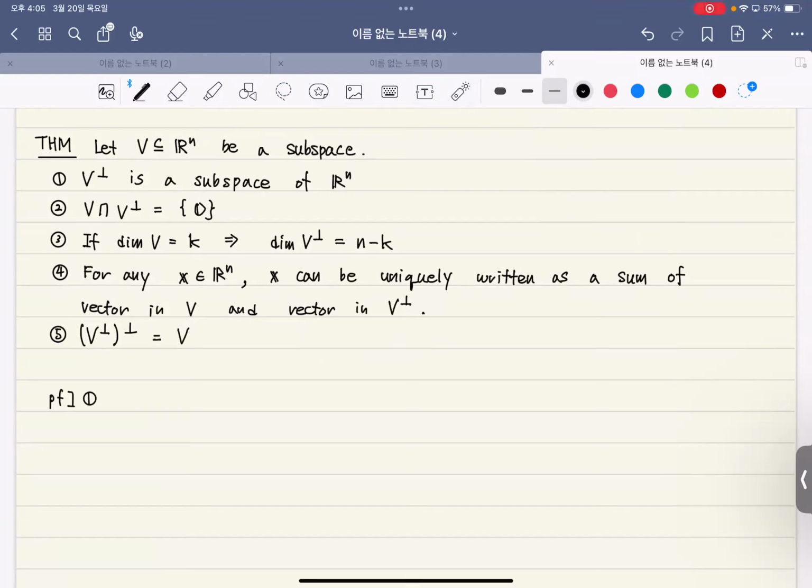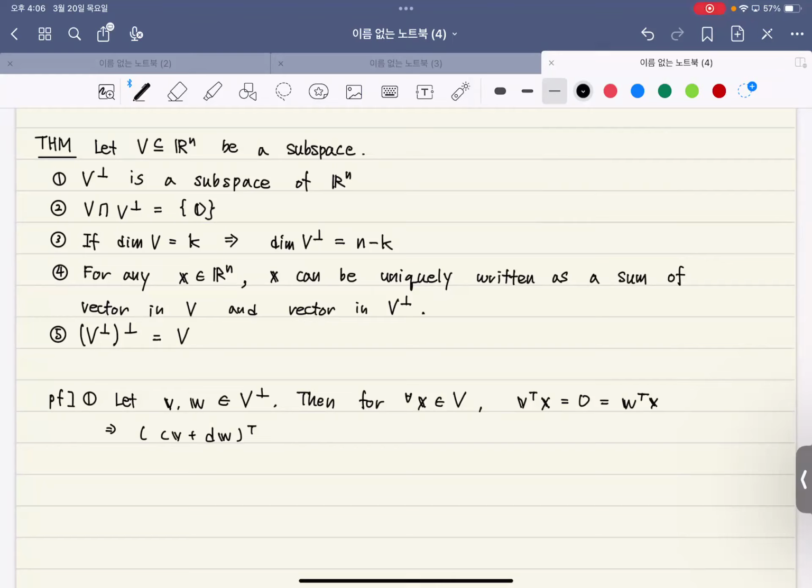Okay. Number one, V perp is a subspace. This is easy. Choose any two vectors V and W from V perp. Then for any vector X in V, the inner products of V and X, and W and X, must be 0 because they were chosen from the orthogonal complement of V. So it suffices to show that any linear combination of V and W must be a member of the orthogonal complement.